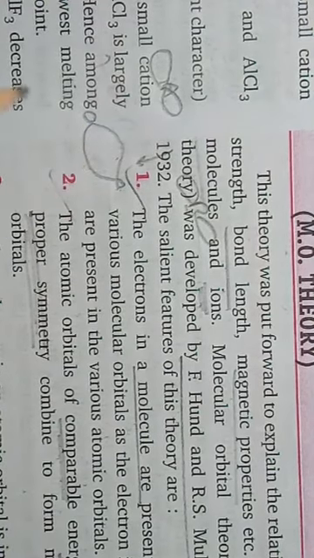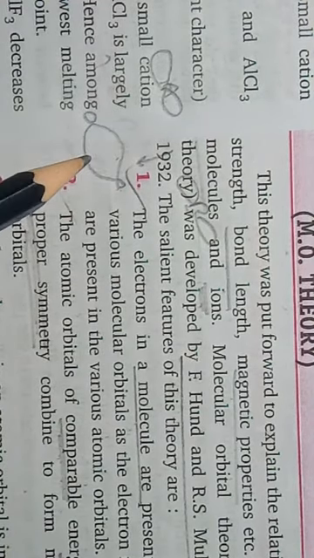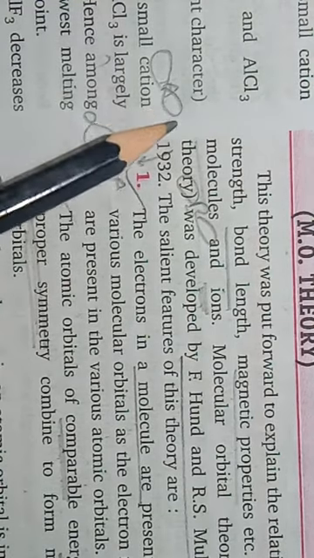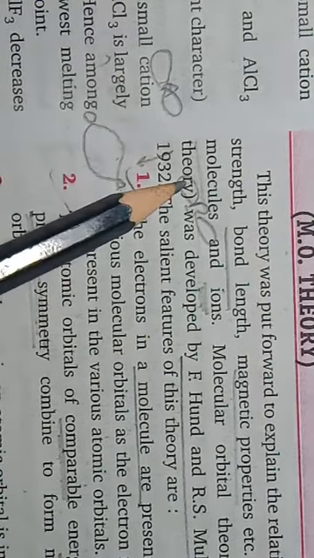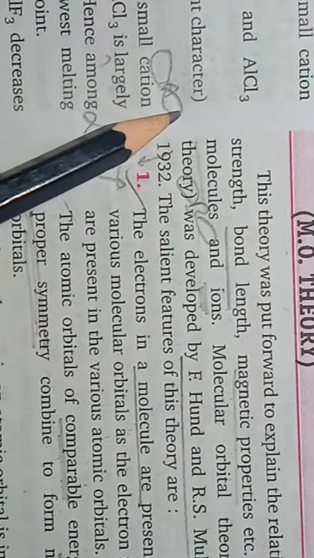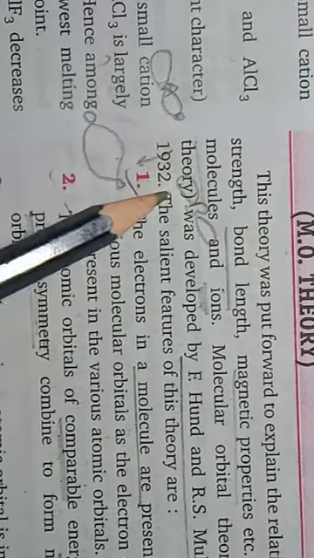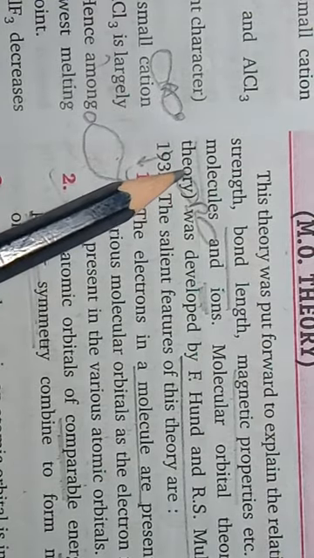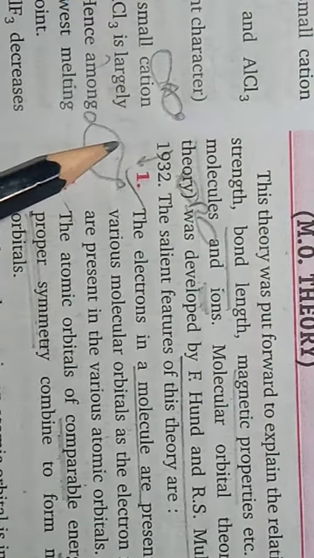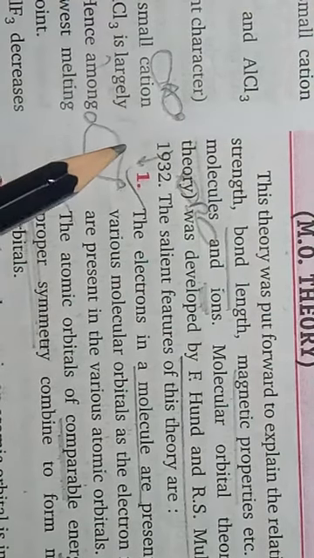This is the molecular orbital, and this orbital will contain the electrons of the related atomic orbitals. Suppose the atomic orbital of A has one electron and the atomic orbital of B also has one electron. These two electrons will be present in this molecular orbital.